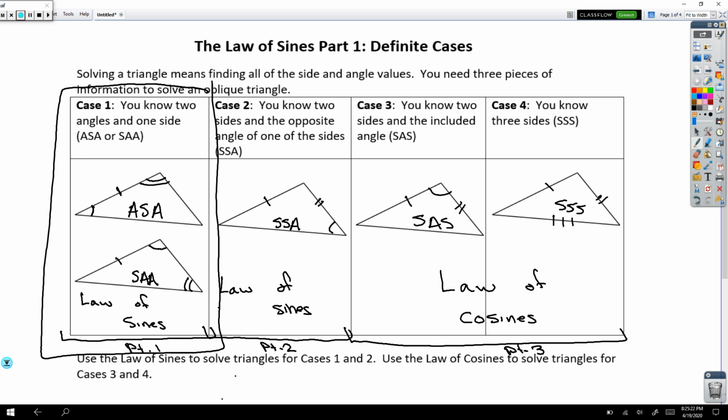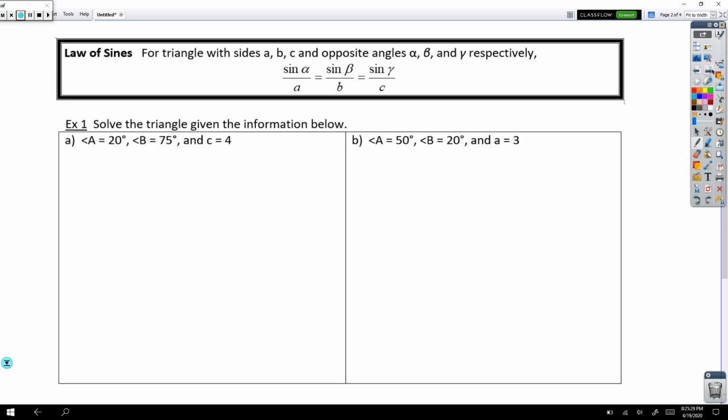Okay, ASA or SAA. We're going to utilize the law of sines. So what is the law of sines? So the law of sines is this equation right here.